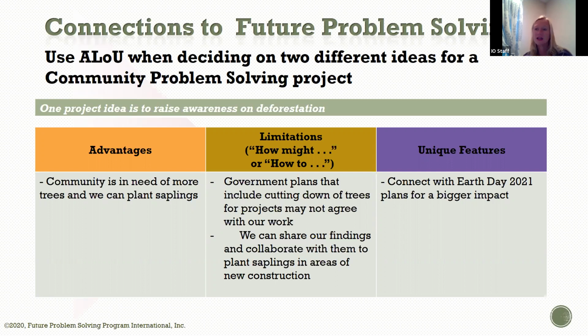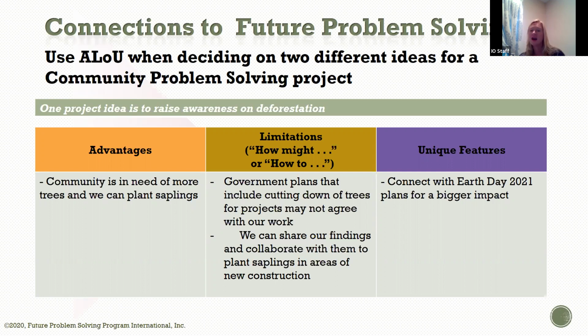But what are some limitations of this project? Well, government plans that include cutting down trees for projects may not agree with the work. They might feel like, you know, we have progress to make, we have plans in place, but what we could do as a team is share our findings and try to work with these groups to prove that planting saplings in areas of new construction would be really good for the environment.